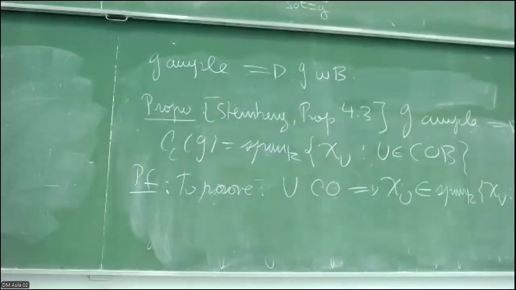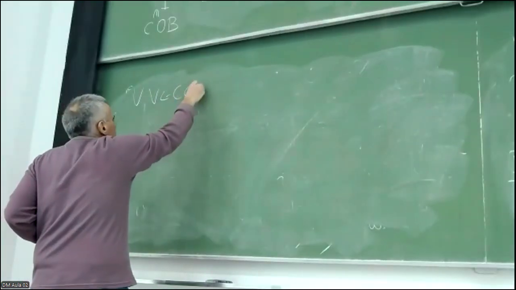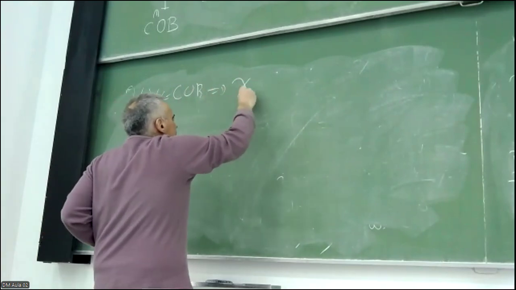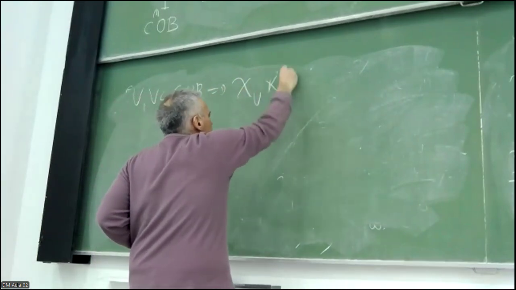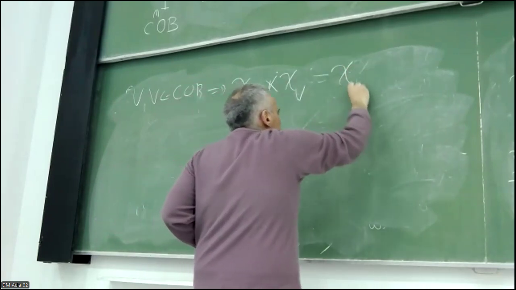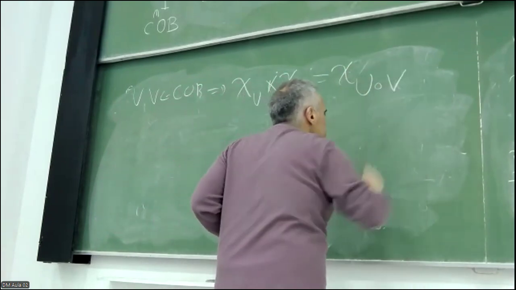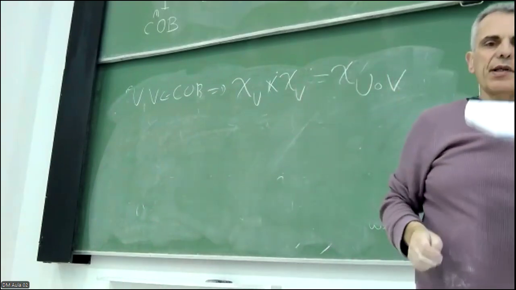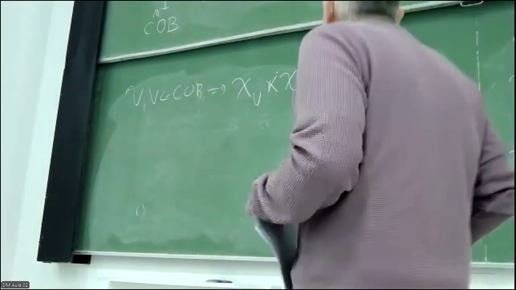Now, if U and B are cops, then one checks that the characteristic function of U convolution the characteristic function of B is the characteristic function of U composed with B, which we said last time is again a cop.